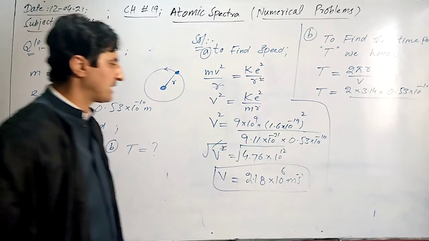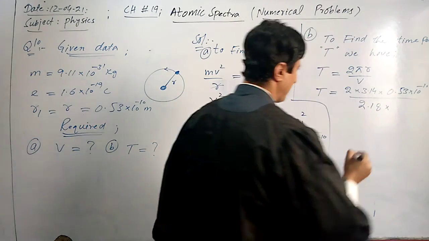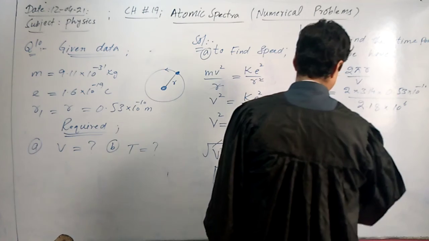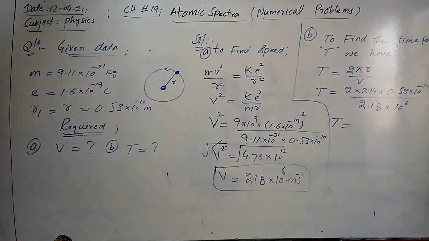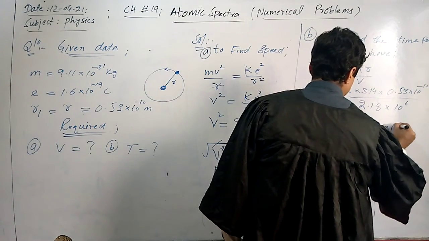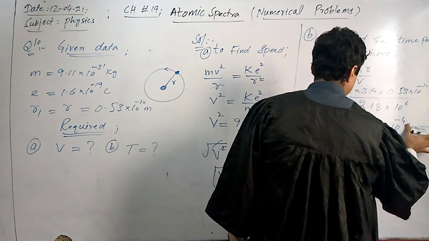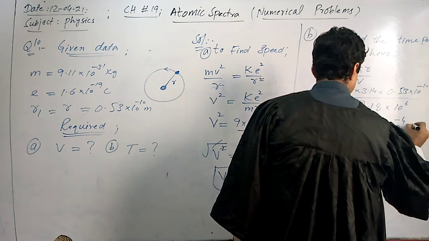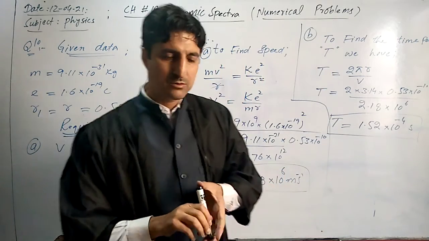So this is 2.18 multiplied by 10 power 6. By performing all these calculations, we get that T is equal to 1.52 multiplied by 10 power minus 4 second. It will be the time for the electron to circle a nucleus.